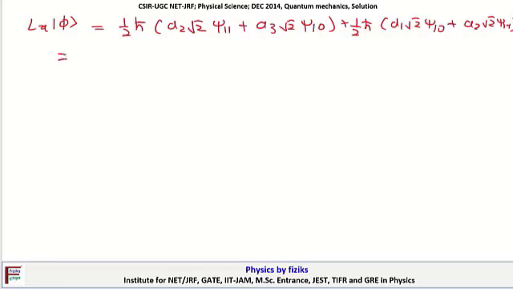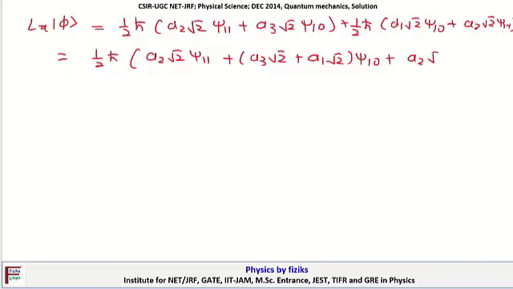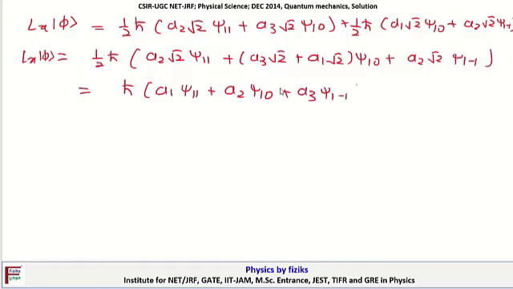That is equal to 1 by 2 h cross (A2 root 2 psi 11 plus (A3 root 2 plus A1 root 2) psi 10 plus A2 root 2 psi 1 minus 1), Lx phi is equal to 2 h cross (A1 psi 11 plus A2 psi 10 plus A3 psi 1 minus 1).